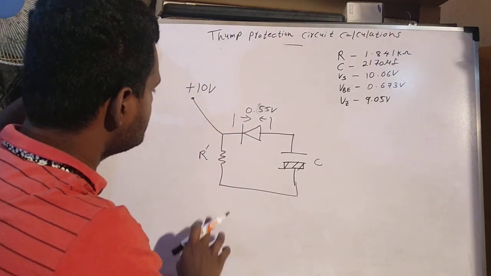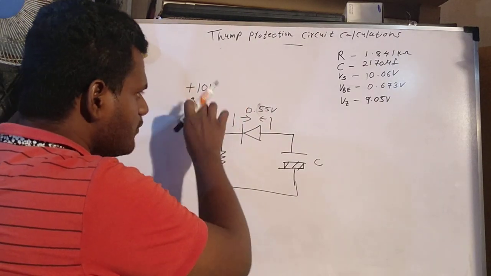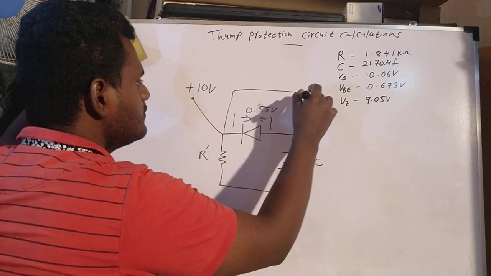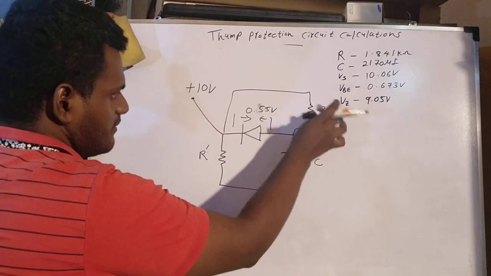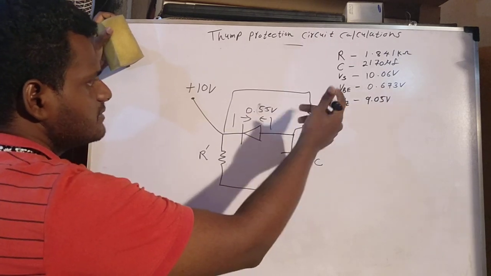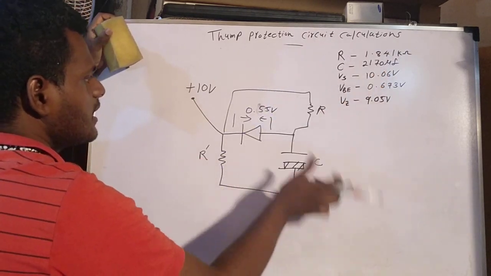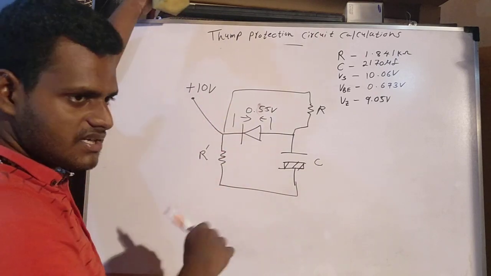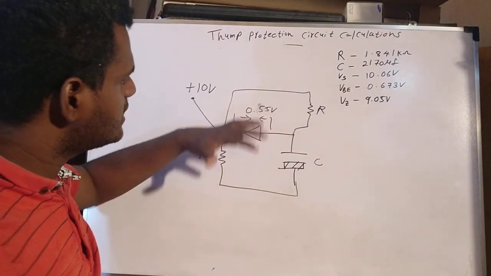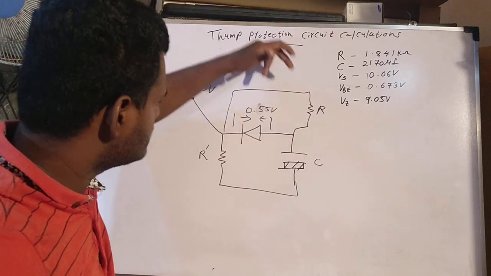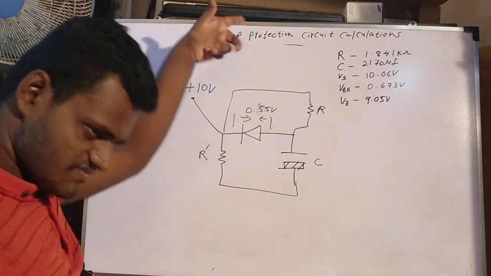Actually, what is happening here? If I provide 10 volts in a normal circuit, we know there is some resistance. This is the connection of this R value. In normal working condition, if we provide the voltage to the circuit, it will charge up to 10 volts.